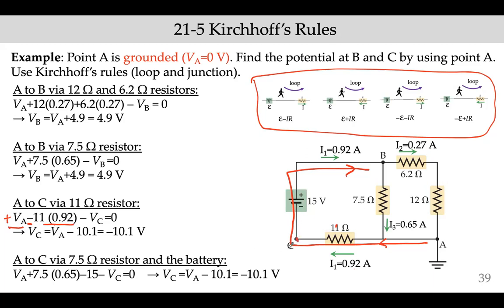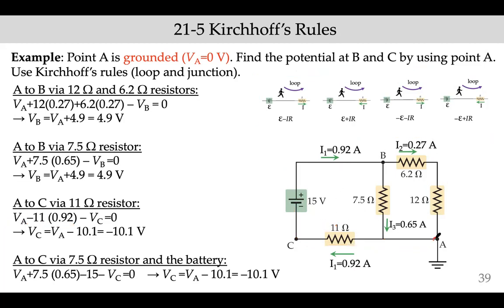Then you move to this point, VC. In this part, we are actually trying to find VC, not VB, so we are going from A to C. We start from VA and go this way, in the path direction.